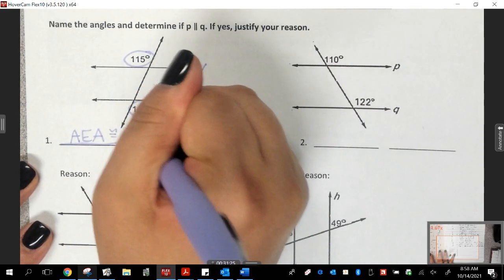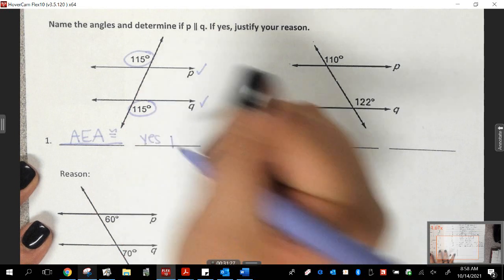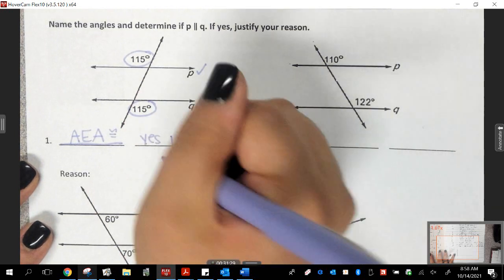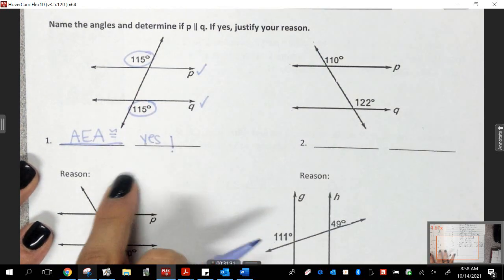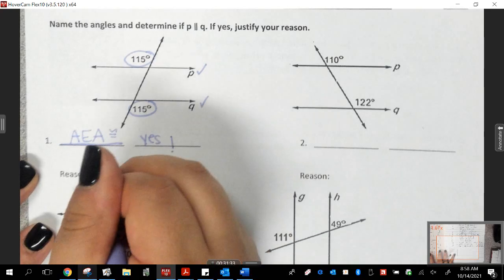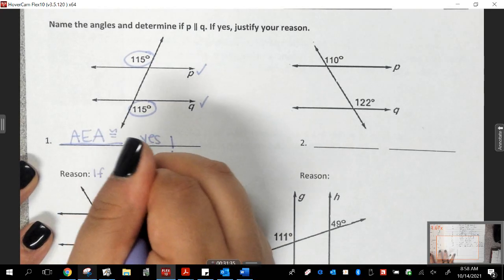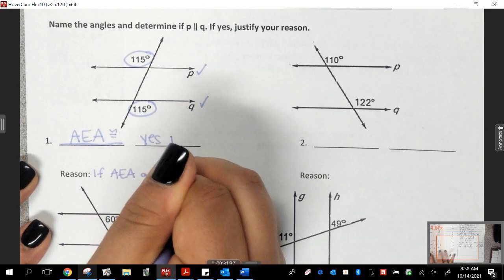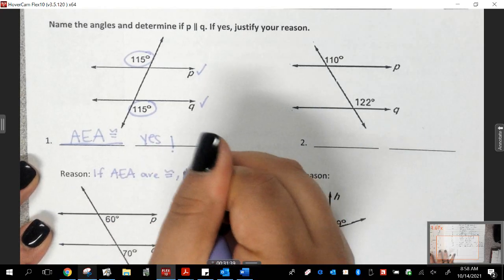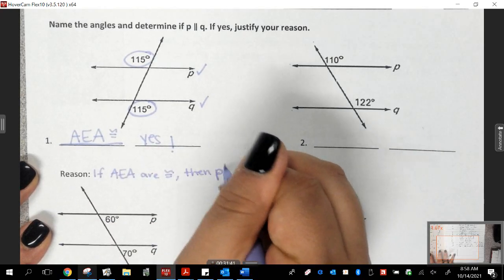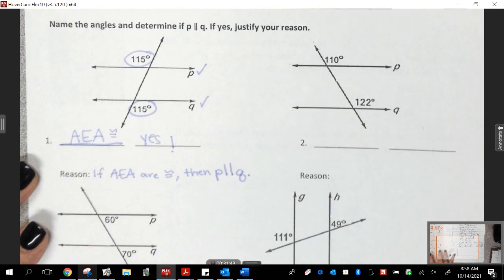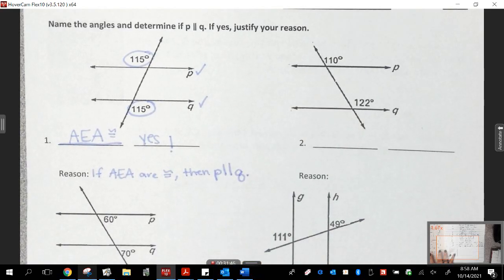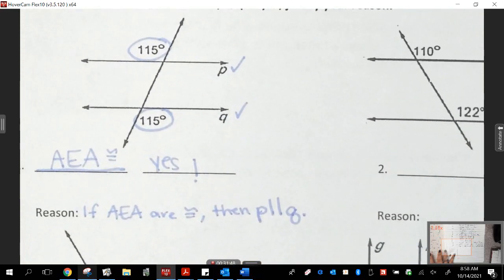So, you're going to say yes, parallel. Oh, yes. You just put yes. Then your reason, if AEA are congruent, then P is parallel to Q. Number one, I gave you an answer. You have an answer to number one.